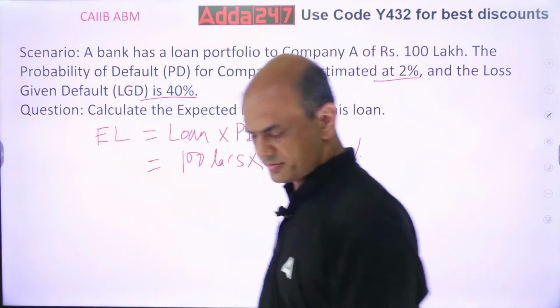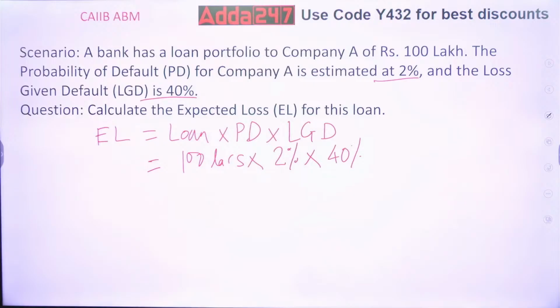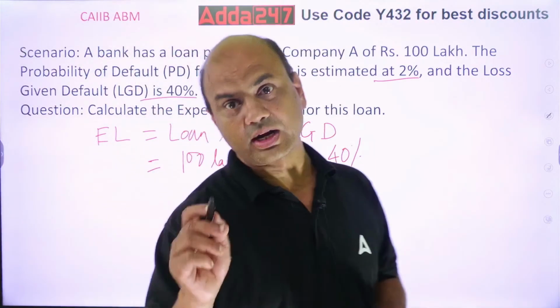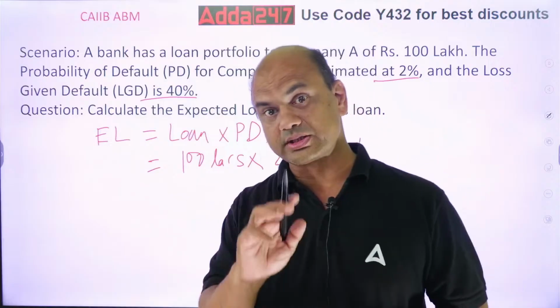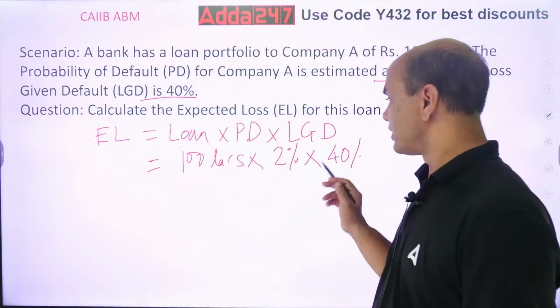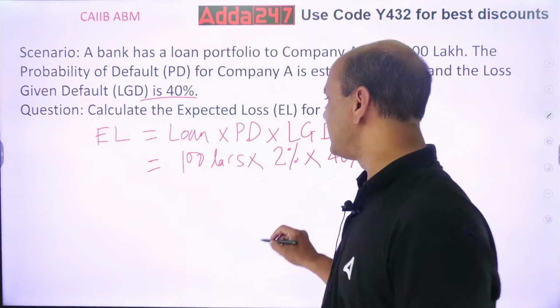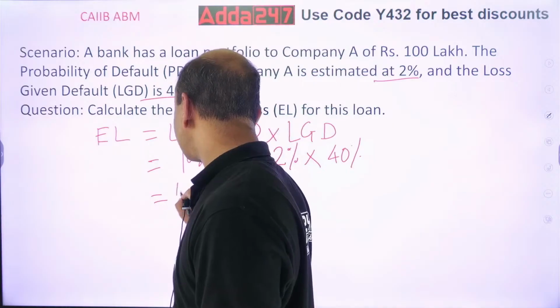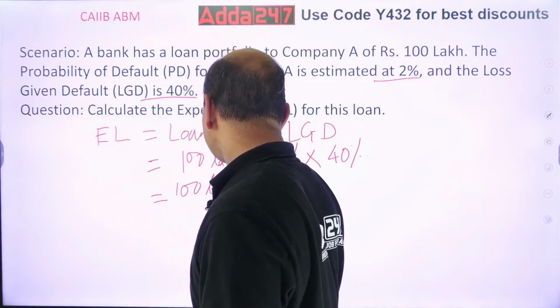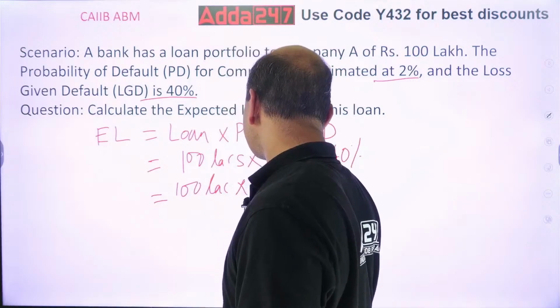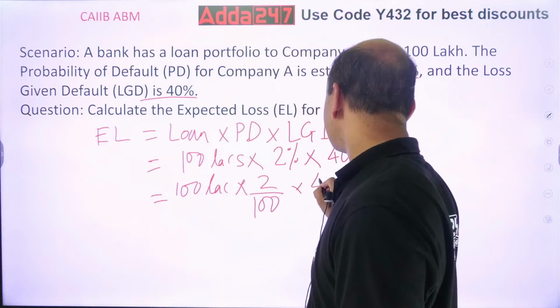So calculate it. Kindly don't do it manually, try it with a calculator. Always try it with a calculator. Why am I telling you? Because don't try it orally, like 40 into 2 is 80%, because you will go wrong in this. Whenever you are calculating percent, kindly note this: 100 lakhs into 2 upon 100 into 40 upon 100.